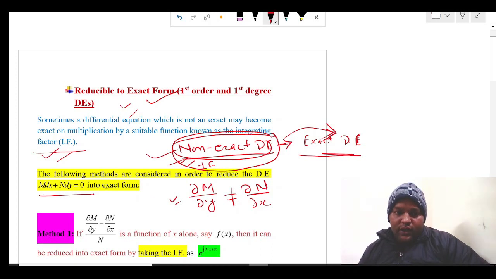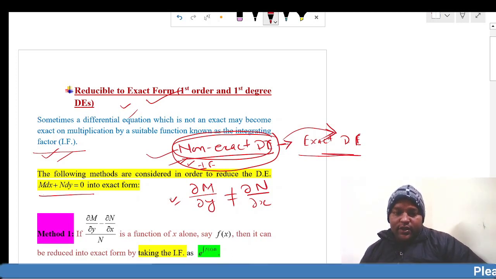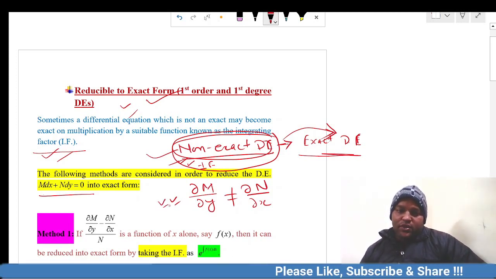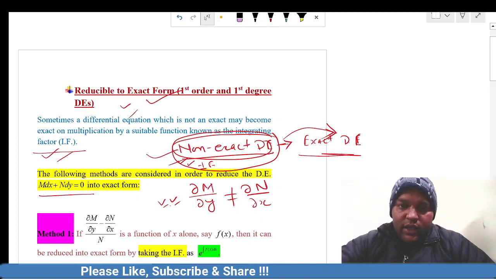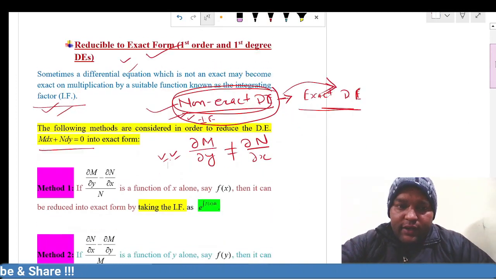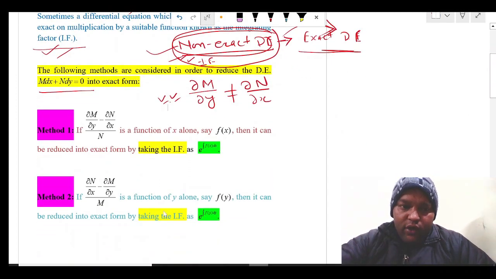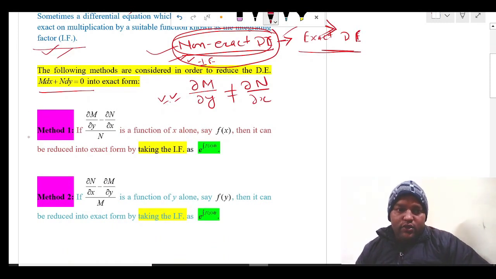So using the exact form, we are not in a position to write its general solution in this situation. So we have to reduce the non-exact form into exact form. Today we will cover two methods, method 1 and method 2.